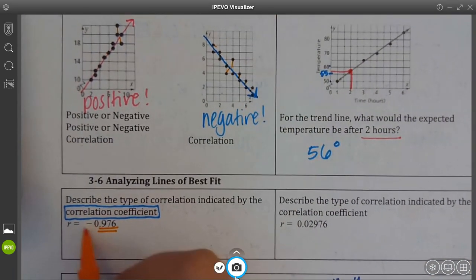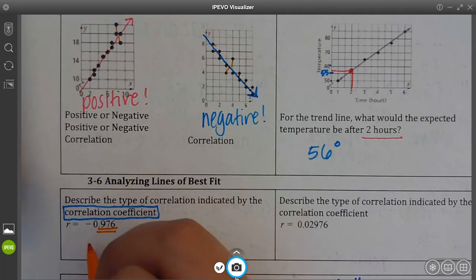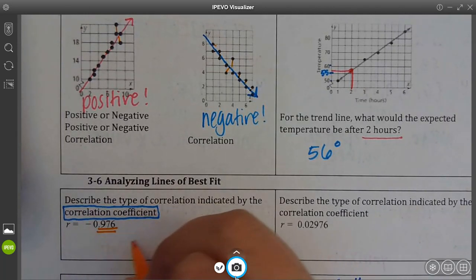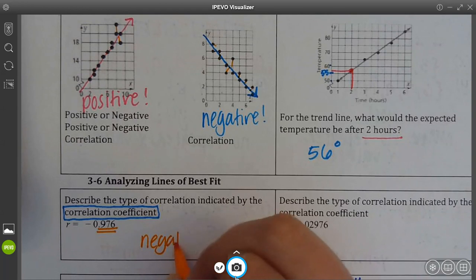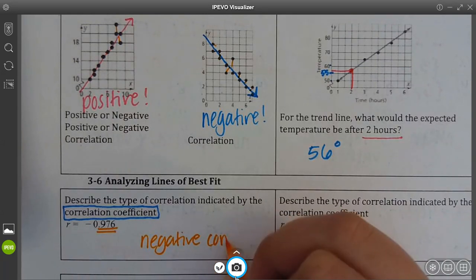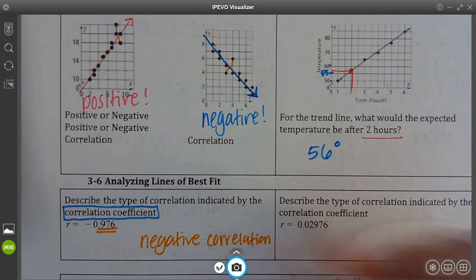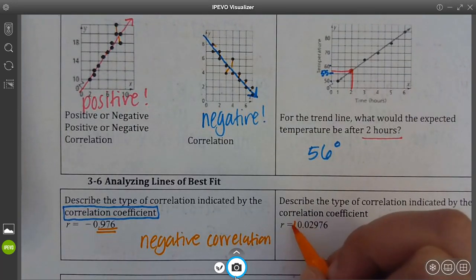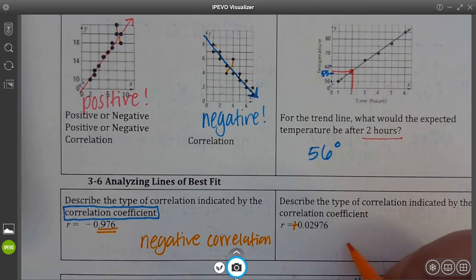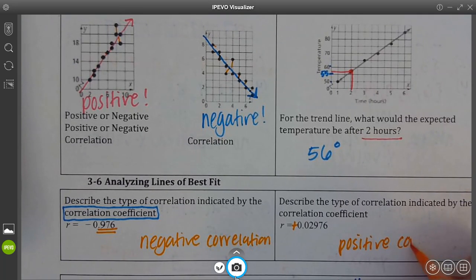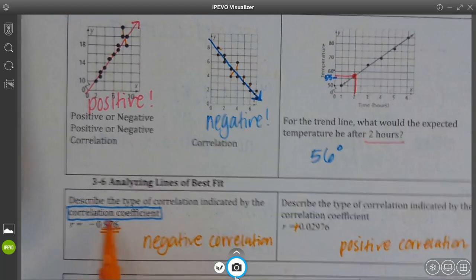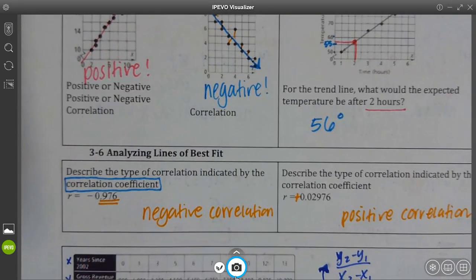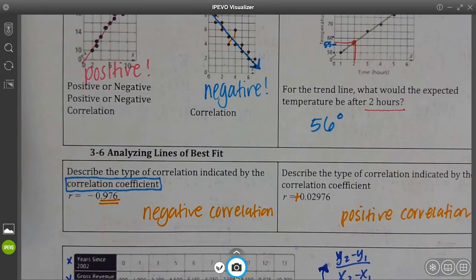So the sign of the correlation coefficient is going to tell me that this is a negative correlation. This one is positive, so we know that it is a positive correlation. But the closer it is to 1, 0.97 is really close to 1.